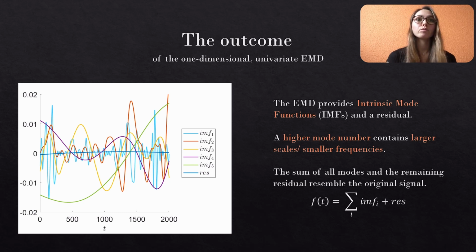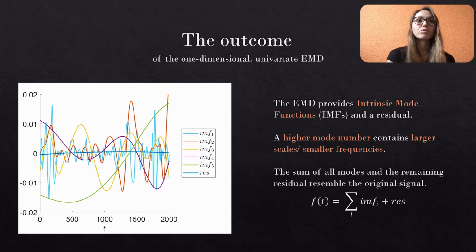And we see that with increasing mode number, the frequencies contained in the modes reduce even more. And this is one of the main characteristics of the IMFs. They are always ordered from highest to lowest frequency content, or, if we have spatial data, from smallest to largest scales. And later we will also see why this is the case.